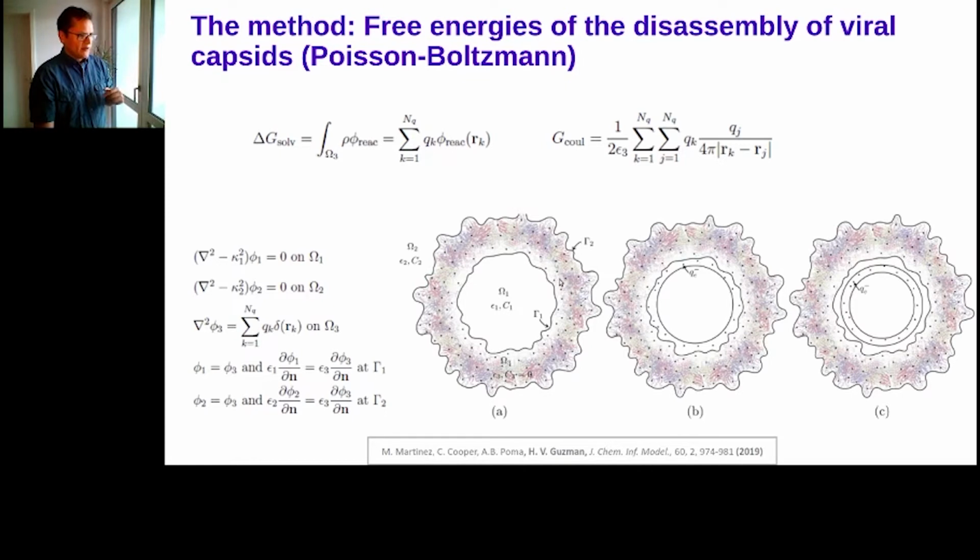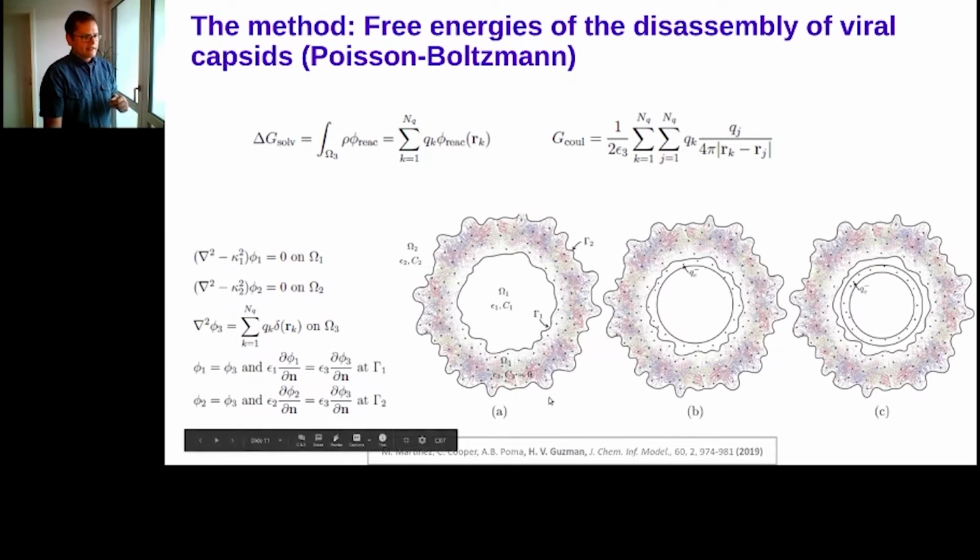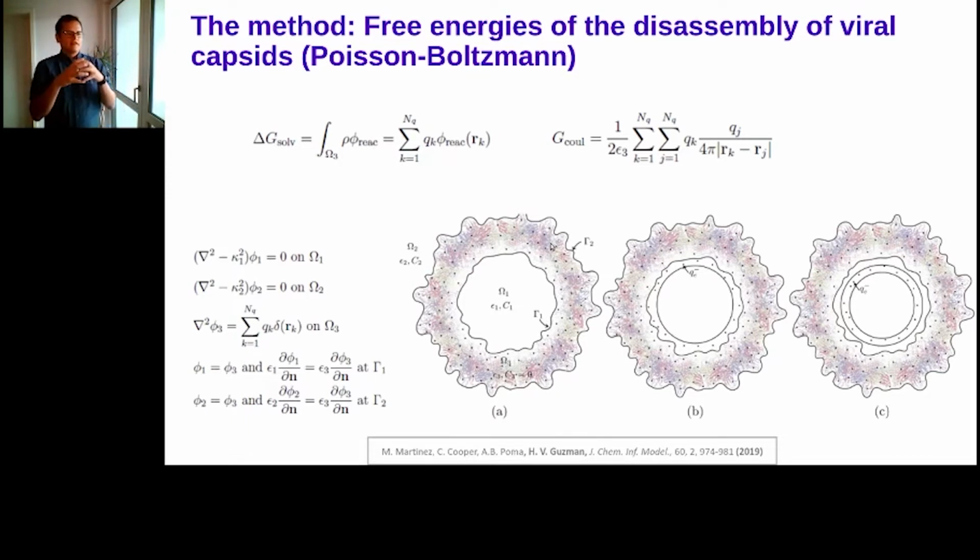And then we tackle specifically 3 cases with different boundary conditions. So first we have a region inside the capsid, region 1, and a region outside the capsid, region 2. In the case of scenario A, we have the structure not disassembled, the compact structure of the capsid.